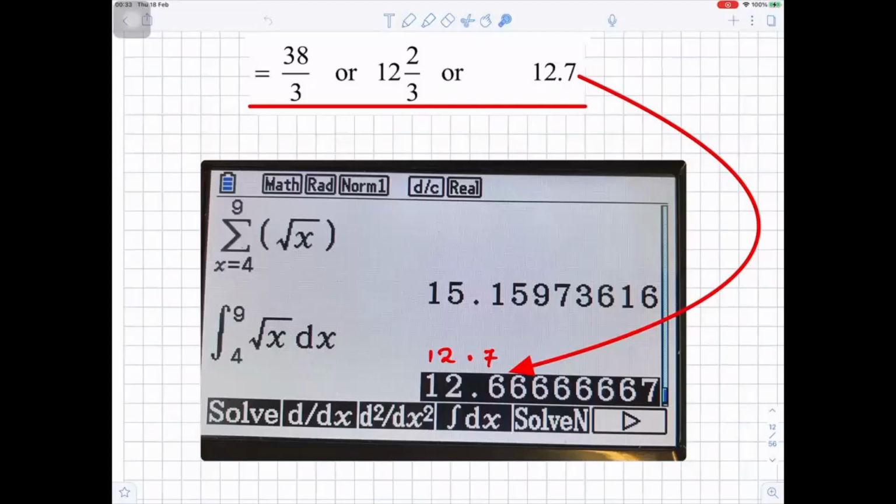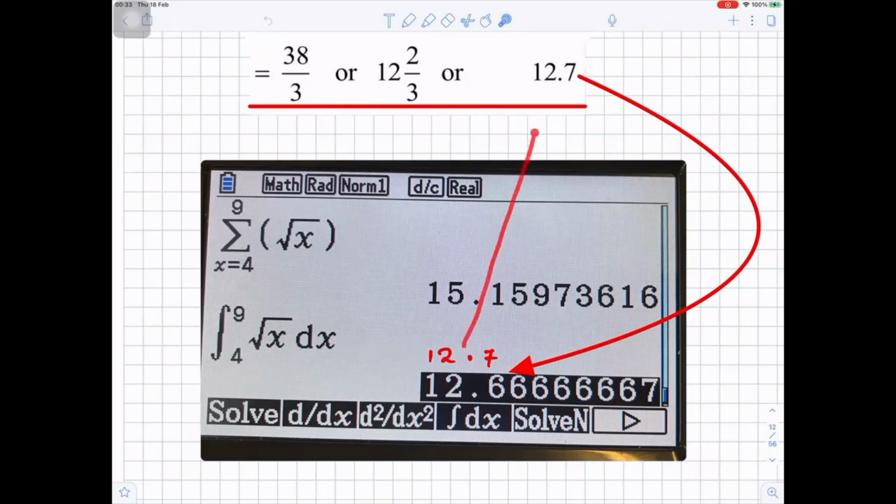And if you use the summing formula in your graphics calculator, from 4 up to 9, square root of x, you get 15.15973. But when you use the integral from 4 to 9, square root of x dx, you get 12.7.